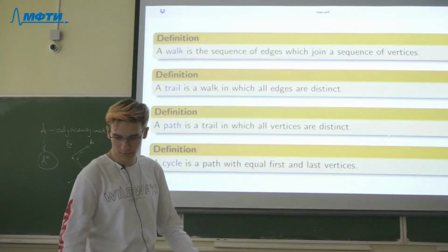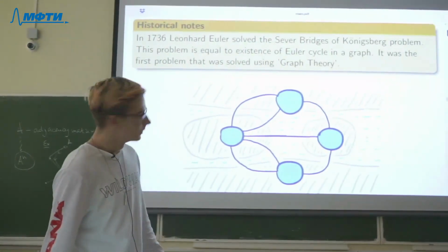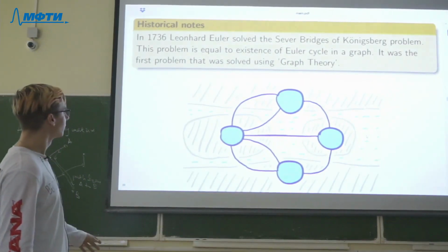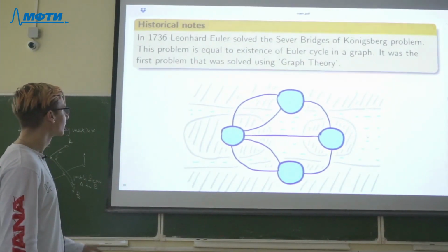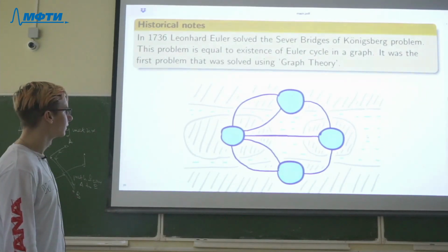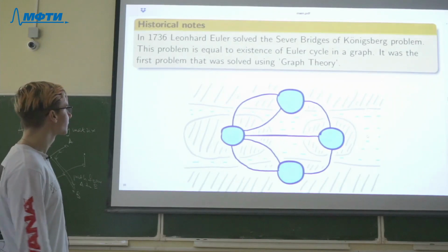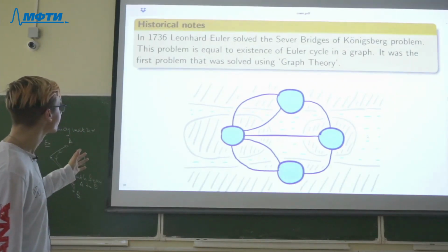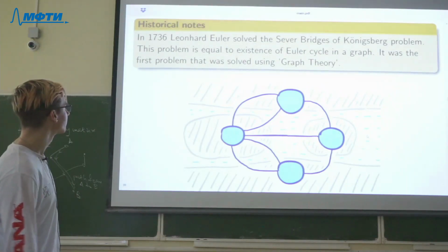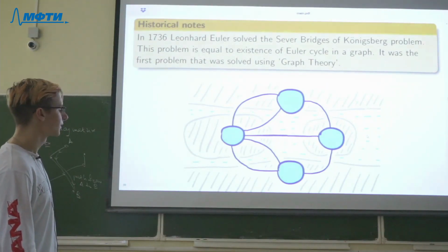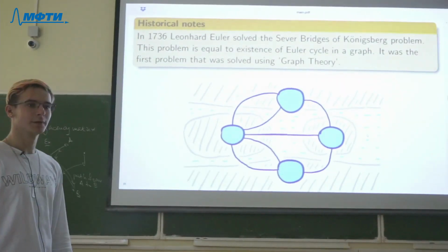Now we need to face this. Okay, and of course about cycles, about history of graphs. The first use of graph theory was in the 30s of the 18th century, and it was the first step in the development of graph theory.